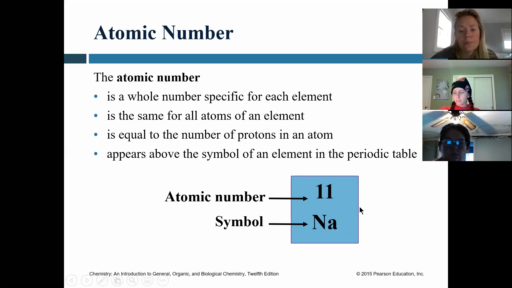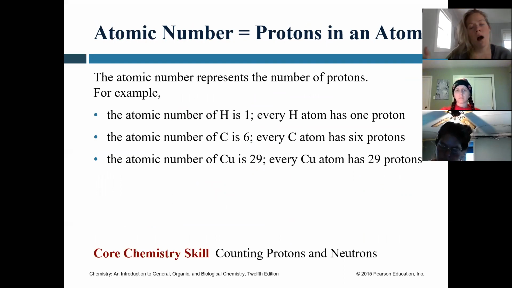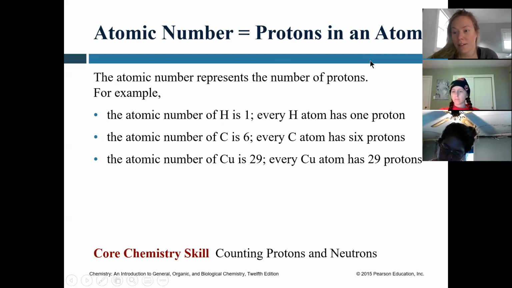Sometimes it's in the corner. I'm really beating a dead horse here, but the atomic number is the number of protons, and that will always be synonymous with the symbol. So carbon will always have 6 protons, right? Copper will always have 29.